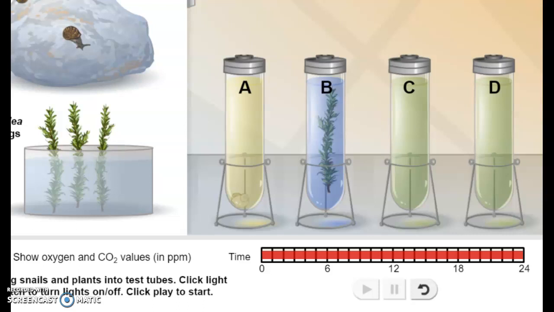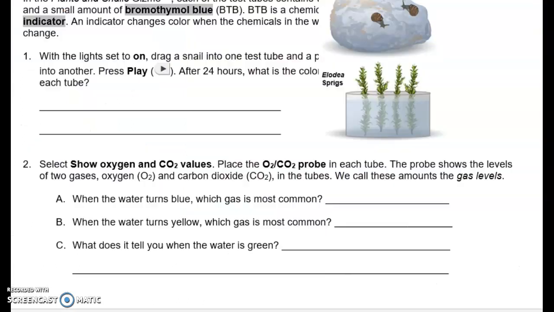Okay, so here are the ending results. The test tube with the plant in it, my test tube B, is blue. The tube with the snail in it, which was test tube A for me, is yellow. That's what we're going to write for question number 1.